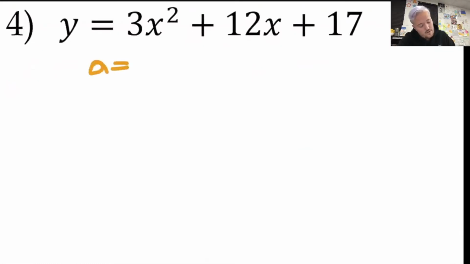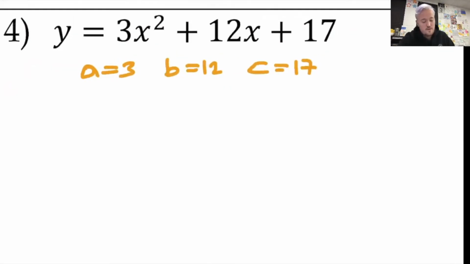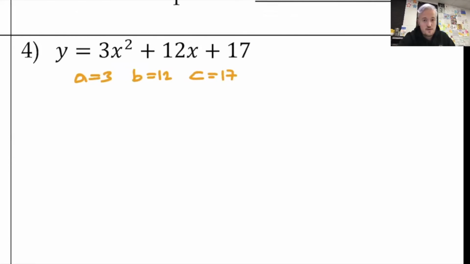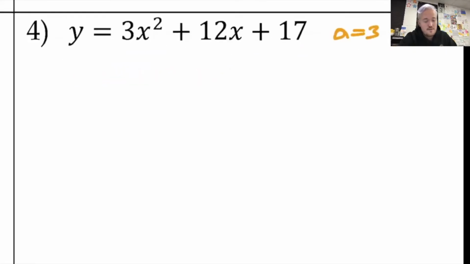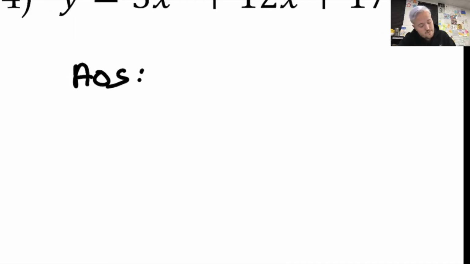All right, so A value of 3, B value of 12, C value of 17. So first things first, AOS.